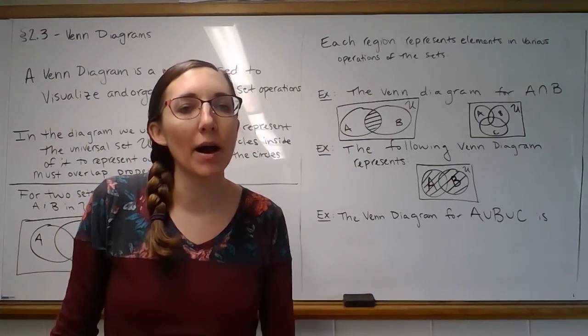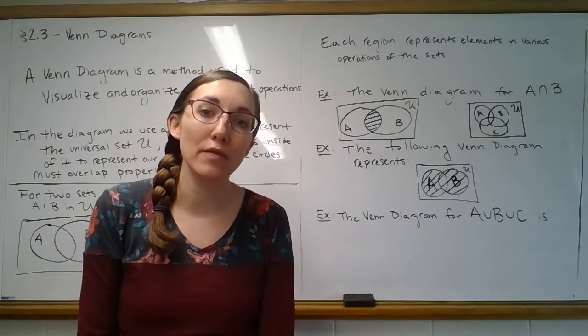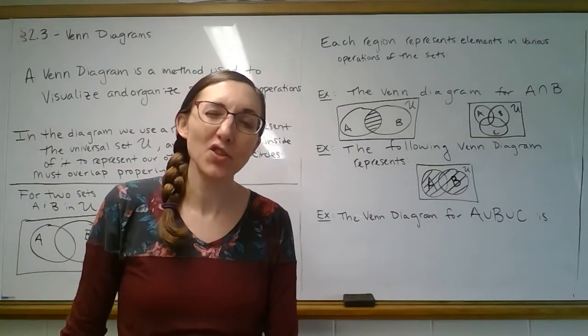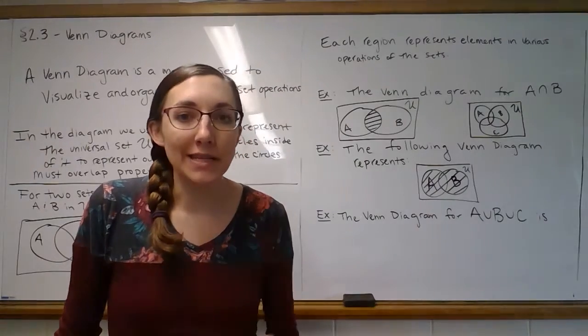Now again, we need to think about being in A and in B, in both of them, in the overlap between the two. So essentially, the circle C just doesn't matter. Whether or not I'm in C doesn't matter.